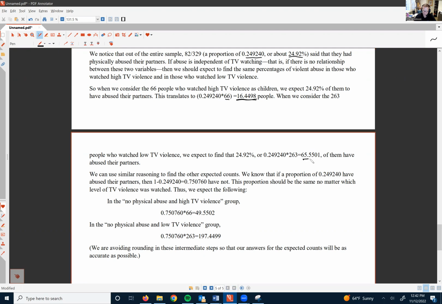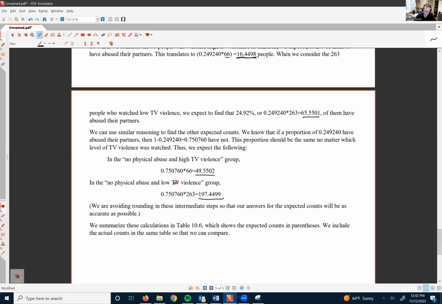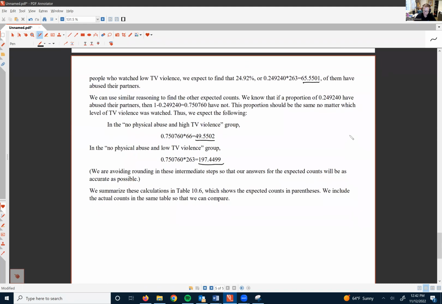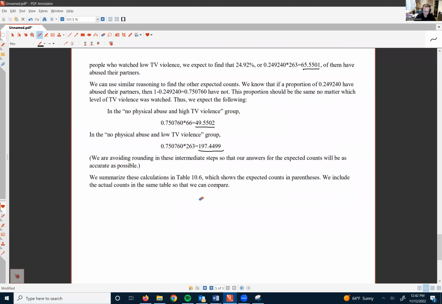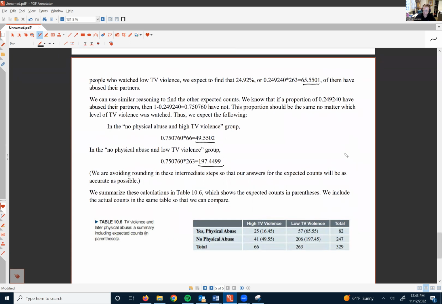So let's take these counts, 16.4498, 65.5501, 49.5502, and 197.4499, and let's arrange them into table 10.6. This shows the expected counts if there's no association in parentheses, and we include the actual counts in the table so that we can compare.